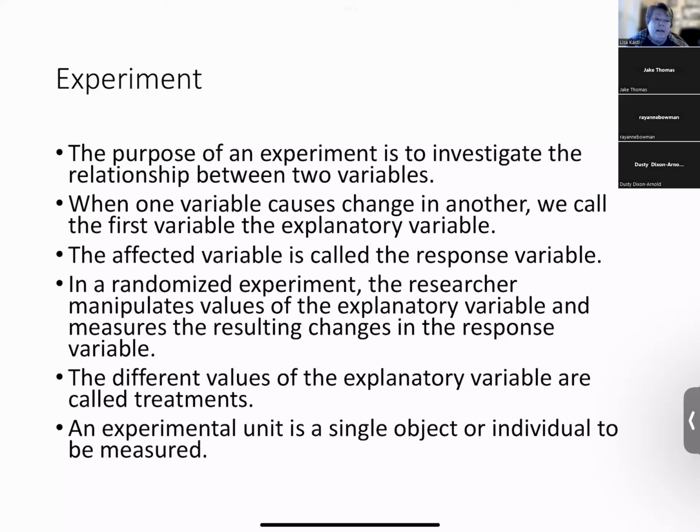In a randomized experiment, the researcher manipulates the values of the explanatory variable and then measures the results in the change in the response variable. And the different values of the explanatory variable are called treatments. And an experimental unit is a single object or individual to be measured.